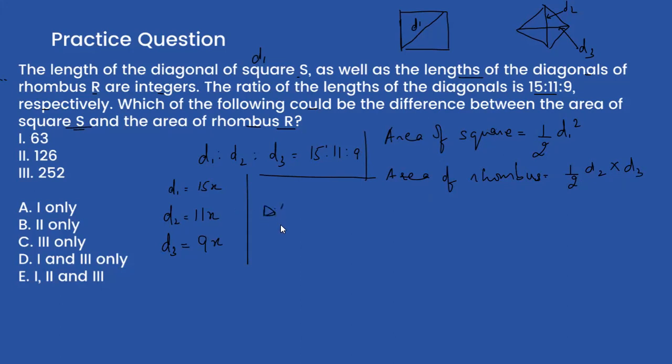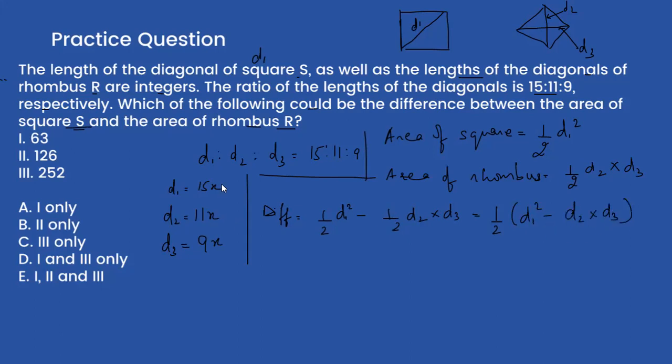The difference of these two areas will be the area of the square, which is half D1 squared, minus the area of the rhombus, which is half D2 multiplied by D3. Half can be taken common, so what is left inside is D1 squared minus D2 into D3.